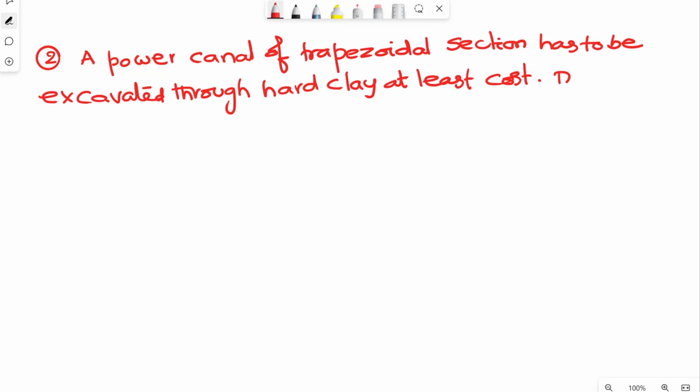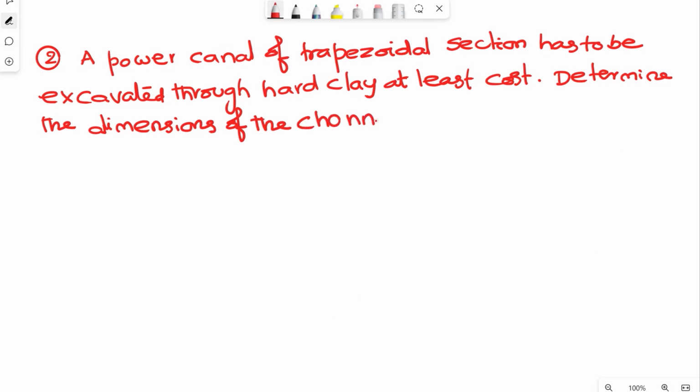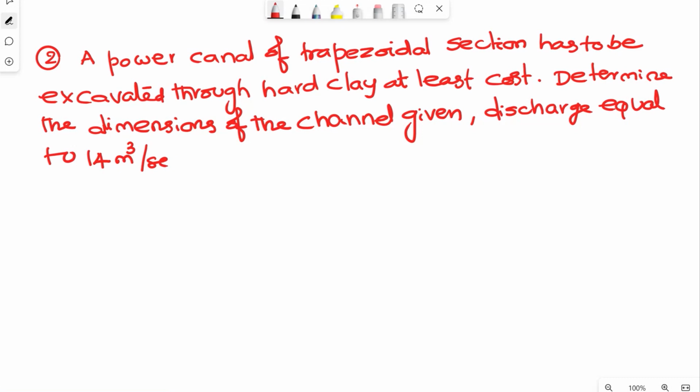Determine the dimensions of the channel given discharge equal to 14 meter cube per second.